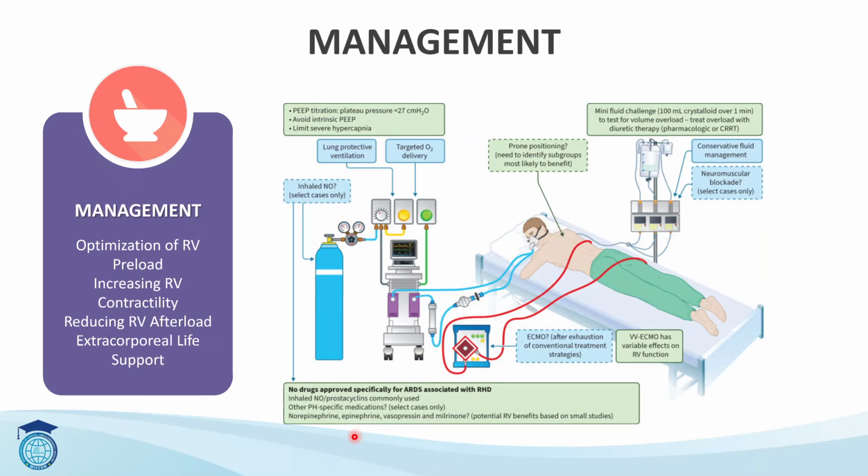Norepinephrine, epinephrine, vasopressin, and milrinone are the preferred agents in terms of hemodynamic support. Prone positioning is beneficial in selected patients who can respond to changes in gravity for ARDS. Similarly, it may have an effect in patients with RV dysfunction to unload the pressure on the right ventricle.